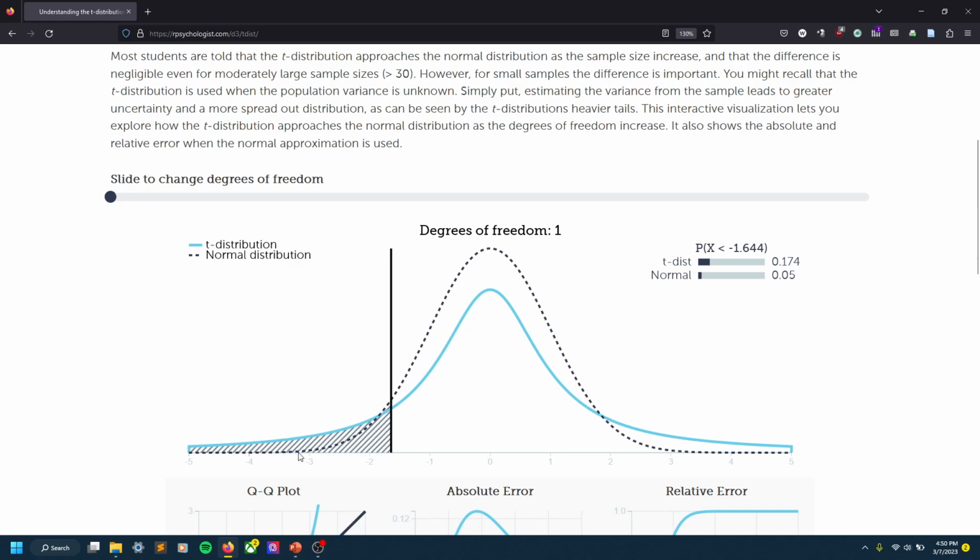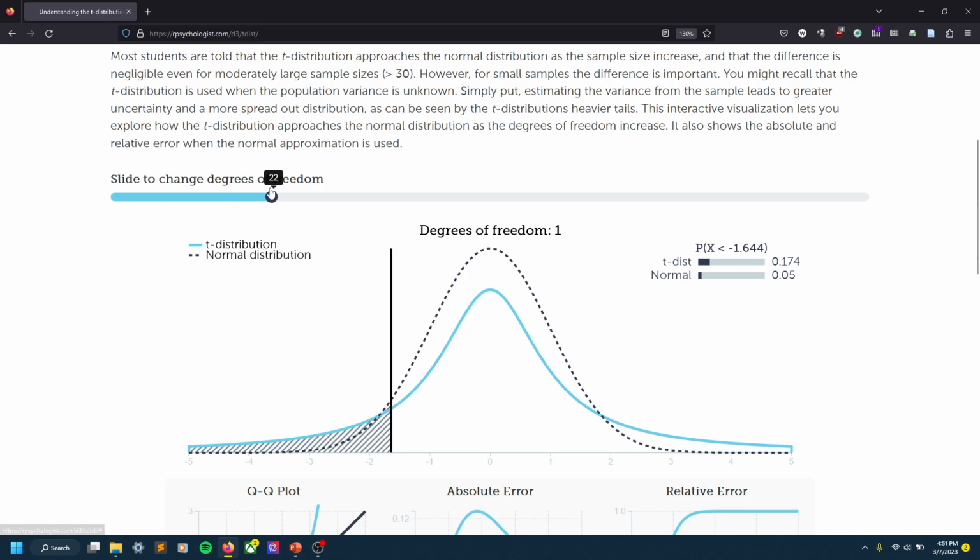You can see here this dotted line represents the normal distribution, and the blue solid line represents the t-distribution. At degrees of freedom of 1, the tails are much higher than the normal distribution. In other words, there's a higher likelihood of obtaining a statistic in these rejection regions.